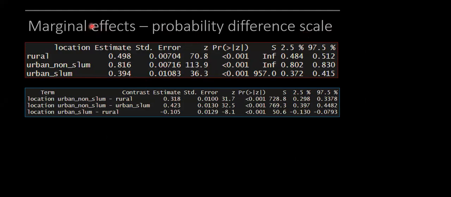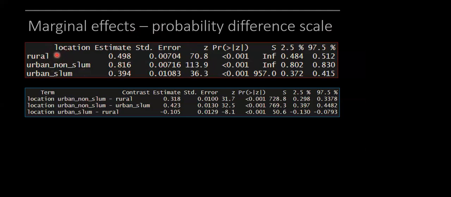So this then illustrates how we can use marginal effects to go one step further and get back to the actual probability scale and look at differences. We can use marginal effects to take our logistic regression model, and instead of looking at the associations on a logit scale or on an odds ratio scale, we can look at them on the probability scale, which hopefully is more meaningful.